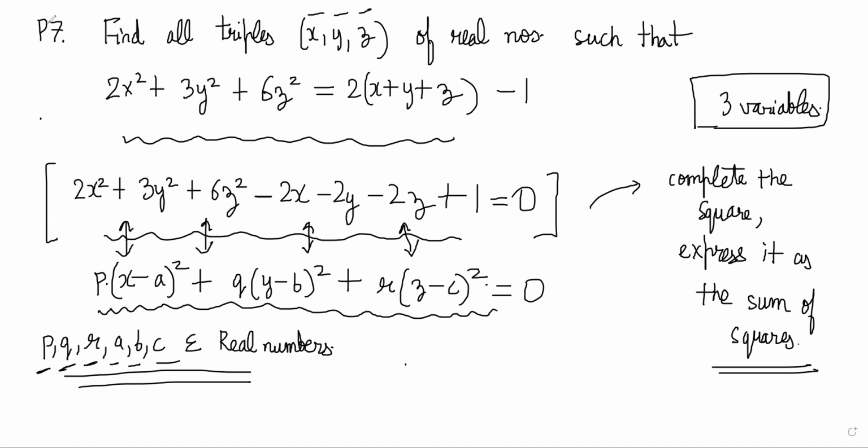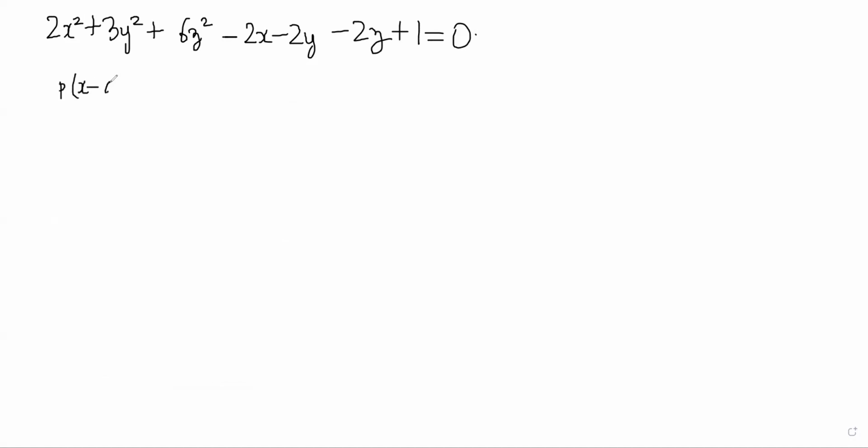So the original quadratic is 2x square plus 3y square plus 6z square minus 2x minus 2y minus 2z plus 1 is equal to 0. What we will do is write it as p(x minus a) whole square plus q(y minus b) whole square plus r(z minus c) whole square equal to 0.